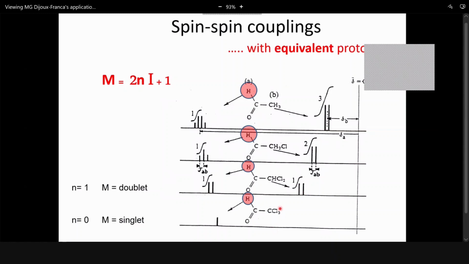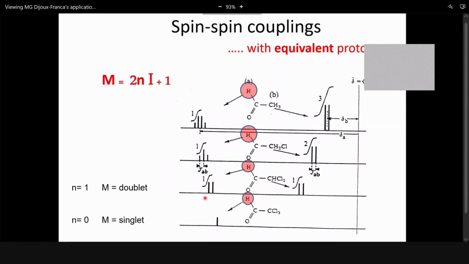I didn't say that, but you see when we go from this molecule to this one, if you have a doublet here, that means that I must have 1 proton on the carbon beside. I should see the same signals for the other protons. That means I have 2 protons in the molecule.